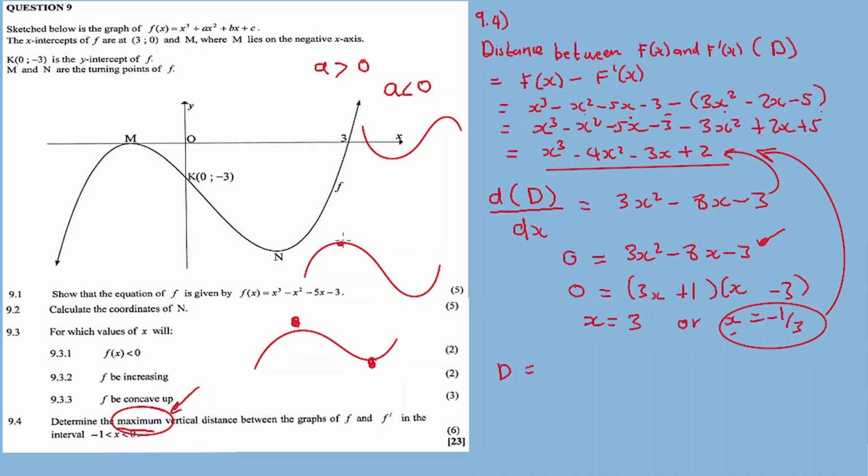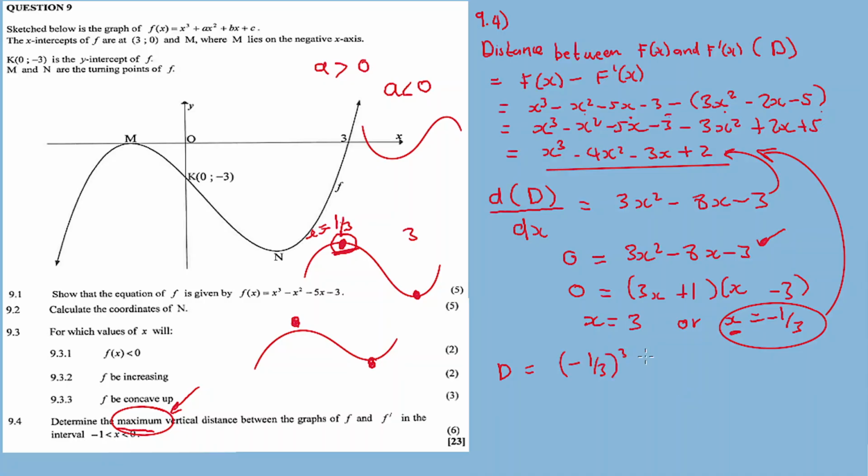The maximum turning point is what gives us the maximum value. The minimum turning point will give the minimum value. So the maximum is given by x equal to -1/3. See? Because -1/3 comes first and then 3 follows. So it makes sense that our function will have a maximum at x equal to -1/3. That's why I say the maximum value is given by x equal to -1/3.